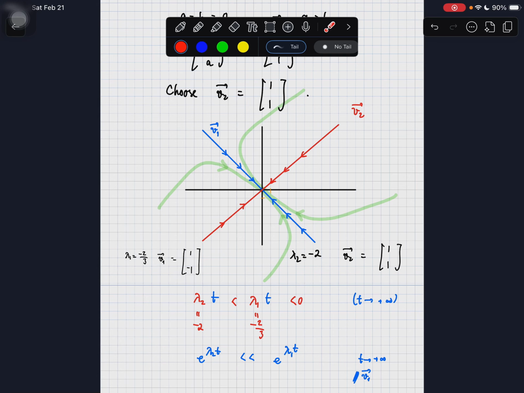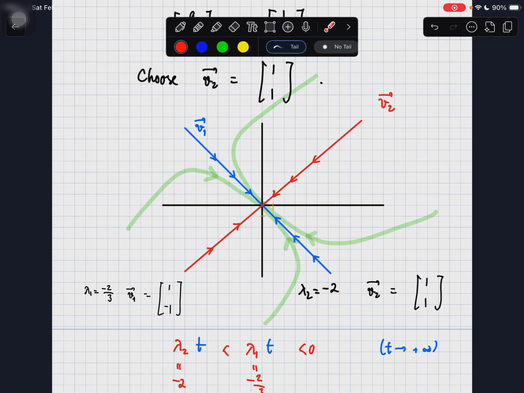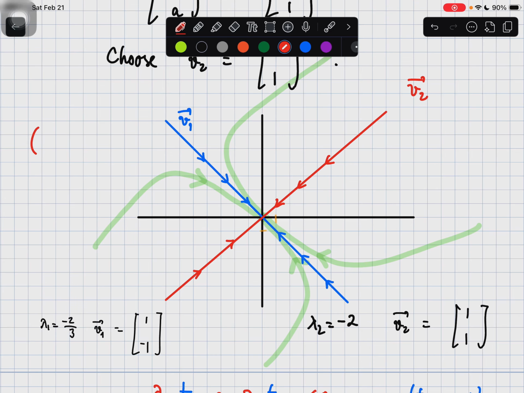For the general picture, you always look at very close to this critical point 2 over 3, 2 over 3. Here's the 0, 0 of the linearization.